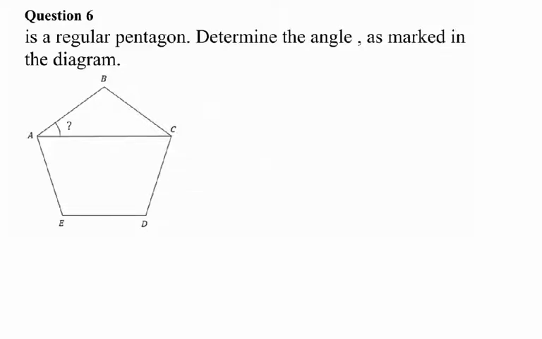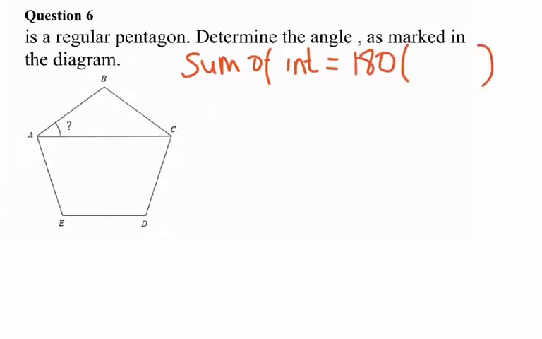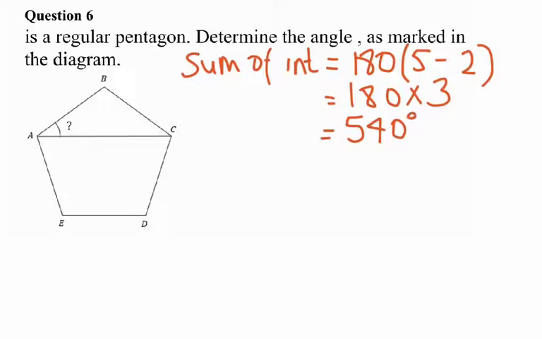So here you can see we've got a regular polygon, and it says determine the angle marked in the diagram. The first thing that we would need to do is to find the sum of interior angles. So remember, for us to do that, we are going to do 180 multiplied by the number of sides, in this case 5, minus 2. So we're going to do 180 times 3, and we get an answer of 540 degrees.